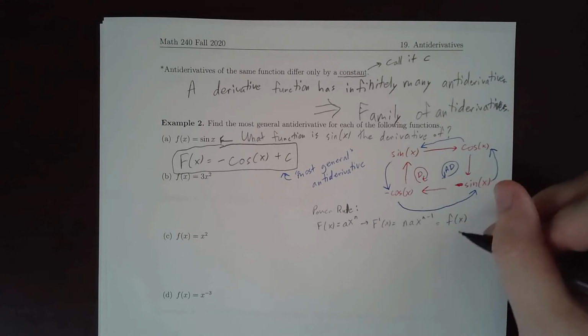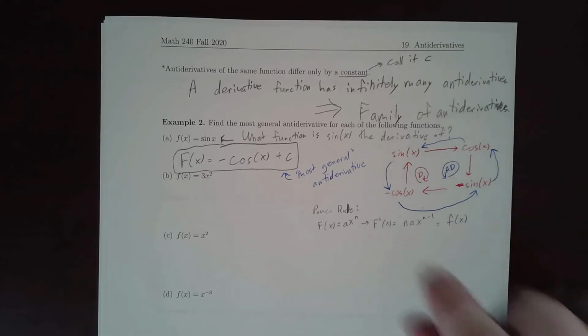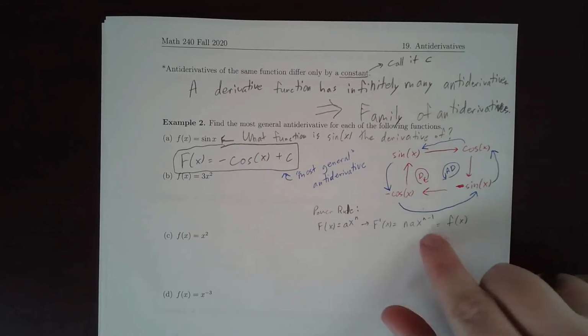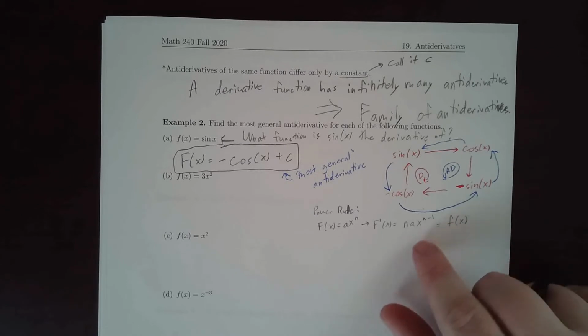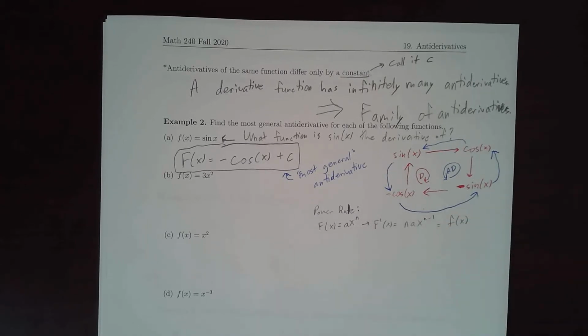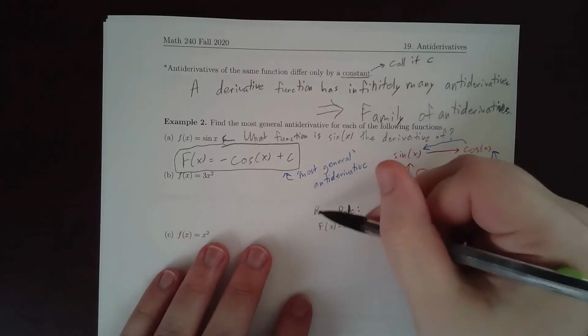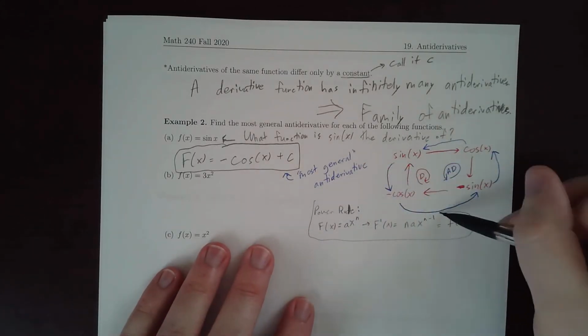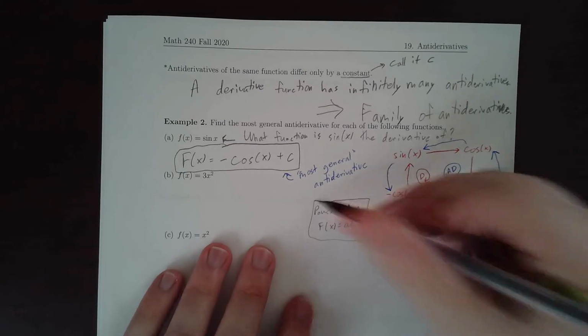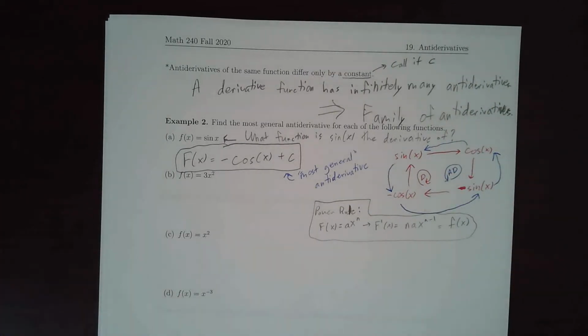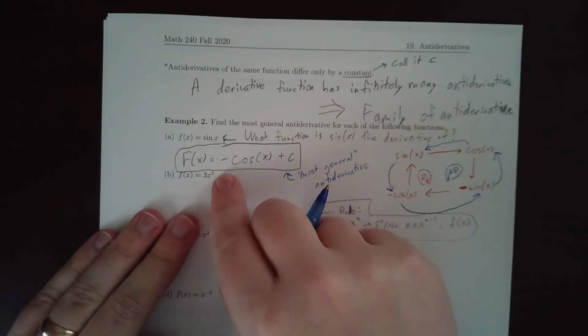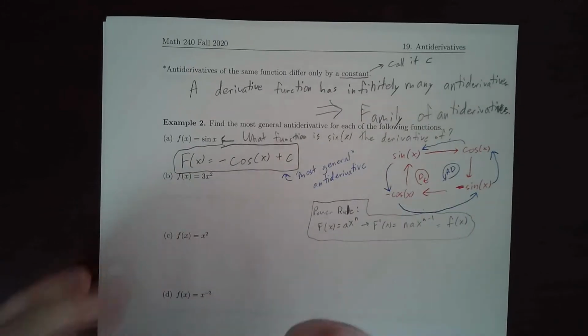And so if we wanted to be able to go backwards, what we would do is add 1 to the power and then divide by what that new power is. So if we think about trying to do this process backwards, we will add 1 to the exponent and then divide by 3.